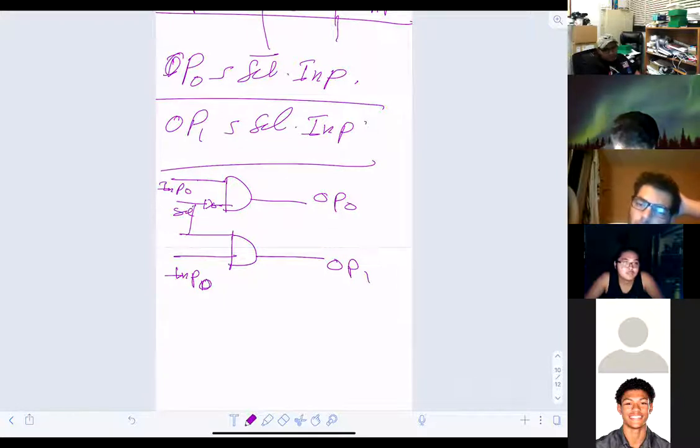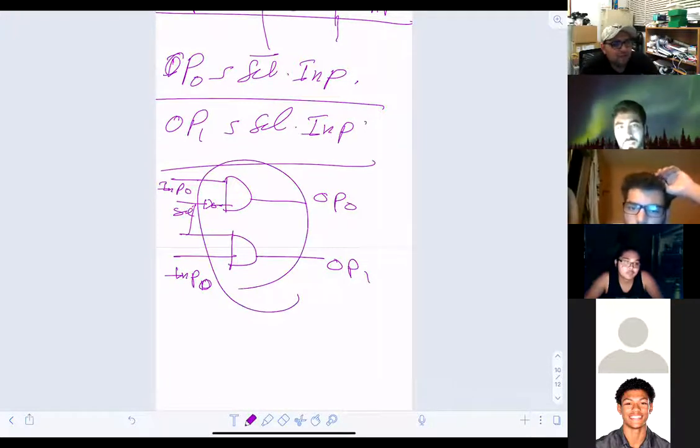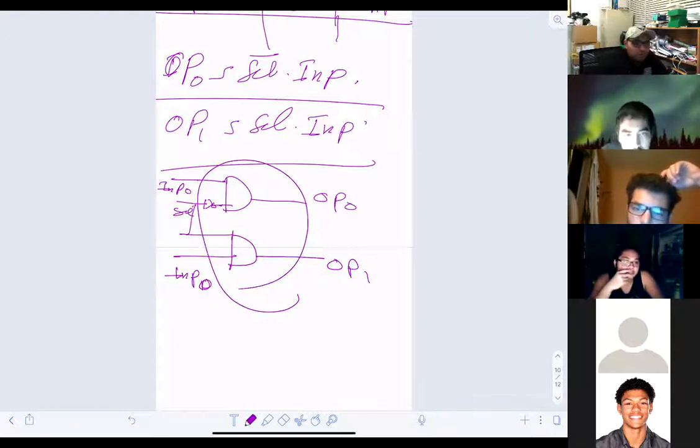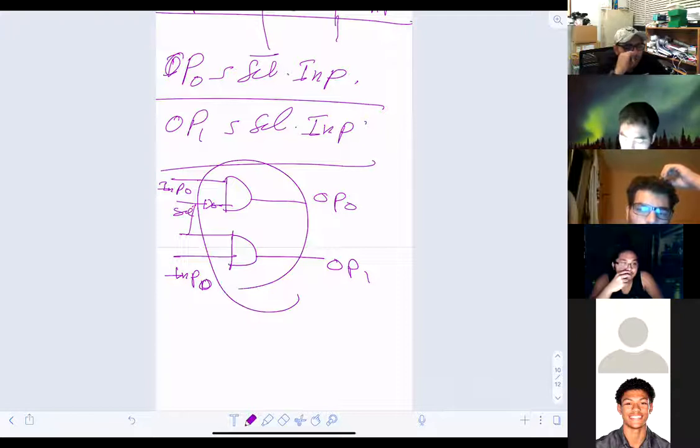Have you noticed something? This circuit almost looks the same as the multiplexer, except the multiplexer just has an OR gate on top of that. You guys agree? Any questions so far? If you have any question, don't hesitate. I'm here to help.